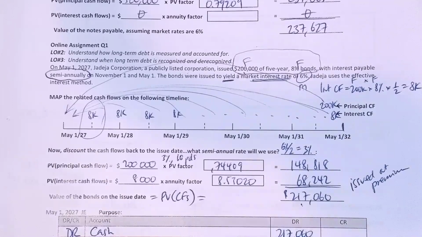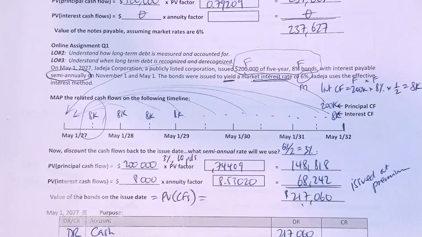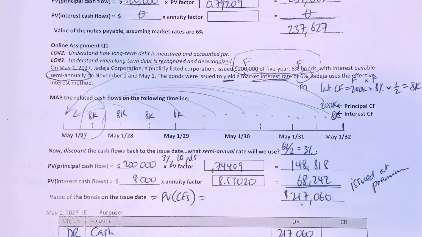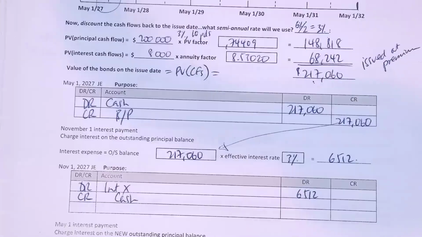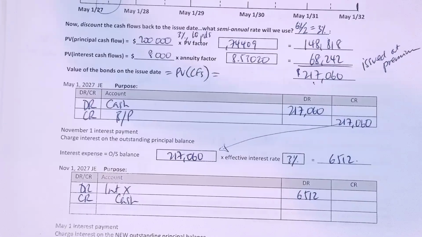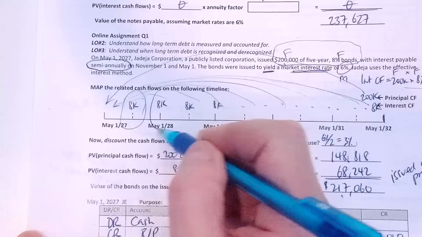I actually pay my bondholders. I pay them cash. That's contractually agreed. How much cash do I pay them? How much cash do I pay my bondholders? Contractual. Luca? 8,000. We already calculated it, right? 8,000. That's what I'm paying.